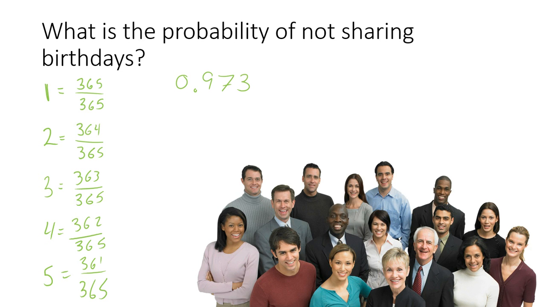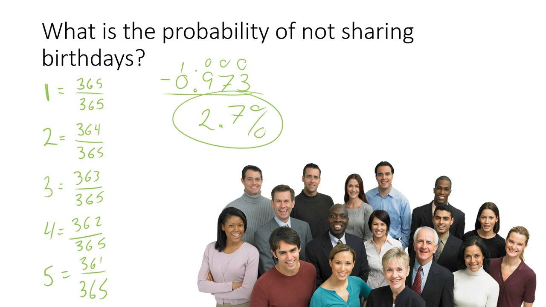That is the probability of five people not sharing a birthday. Then you subtract that from 1, and that gives us about 2.7%. So there's a 2.7% chance that if you have five random people, they share a birthday.